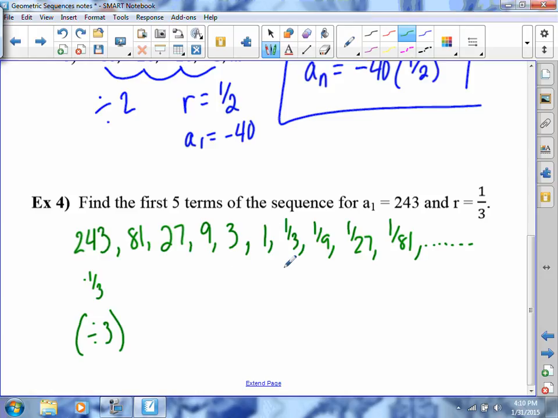It kind of looks like those table of values that we were doing with our negative exponents and how the y values were reciprocals of each other. Okay, there's a connection there. So if you notice that, that's a good observation. But really, we just need the first 5 terms. So right there, that was all we needed. I just wanted to keep that going and point out that little observation.